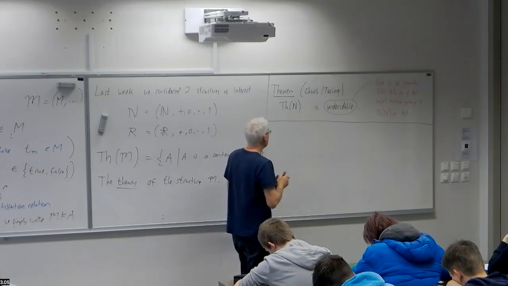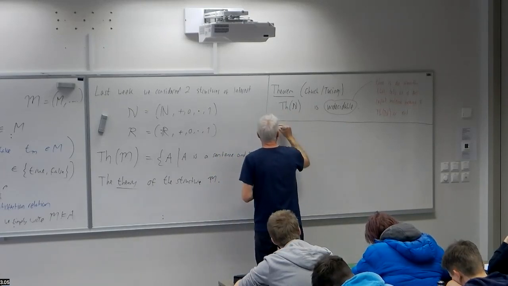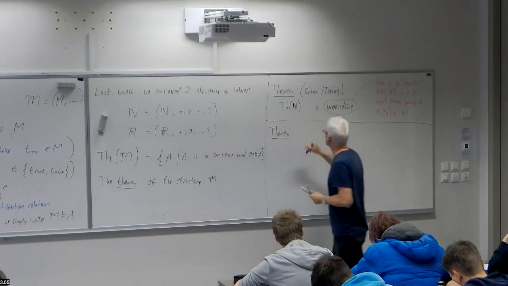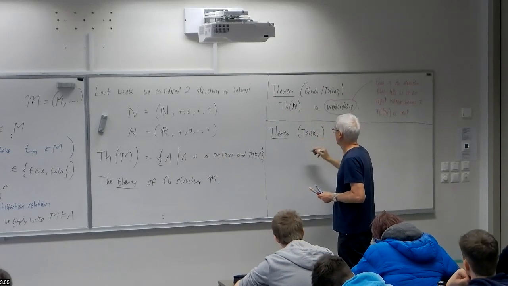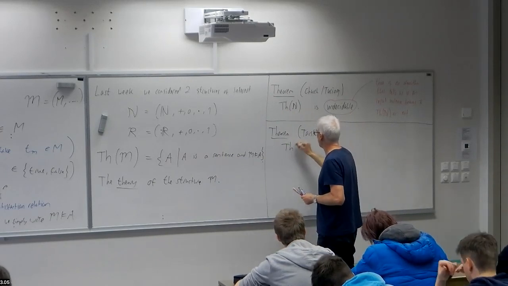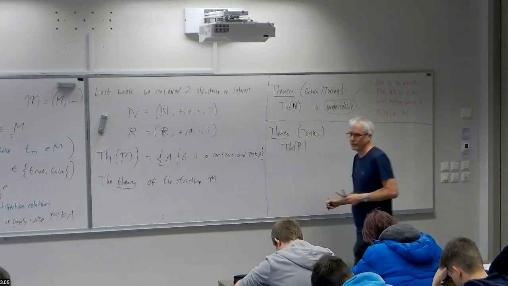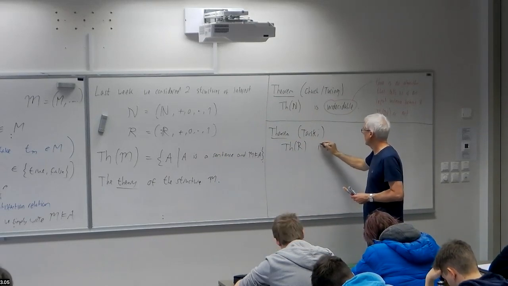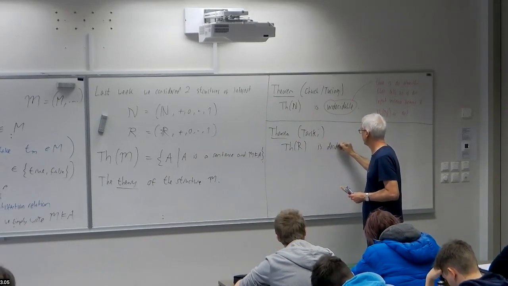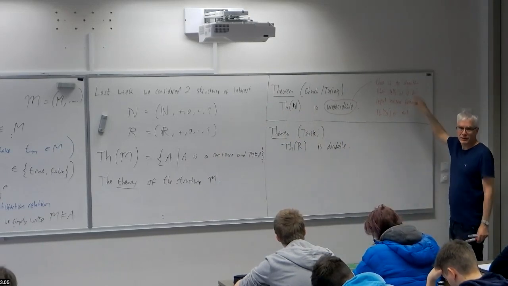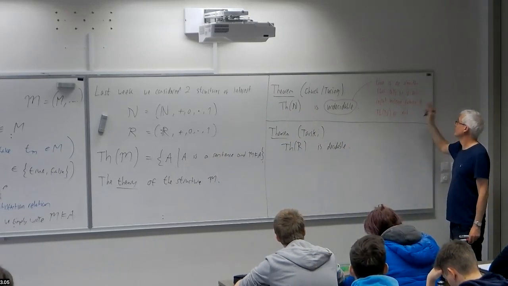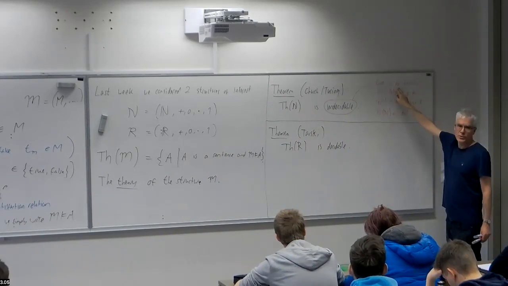And the other theorem, that I mentioned last week, which contrasts with this for the real numbers, was Tarski's theorem, which is that, in contrast, the theory of the structure of the real numbers is decidable. So I'm not going to expand decidable in the same way, but you just change no to an.